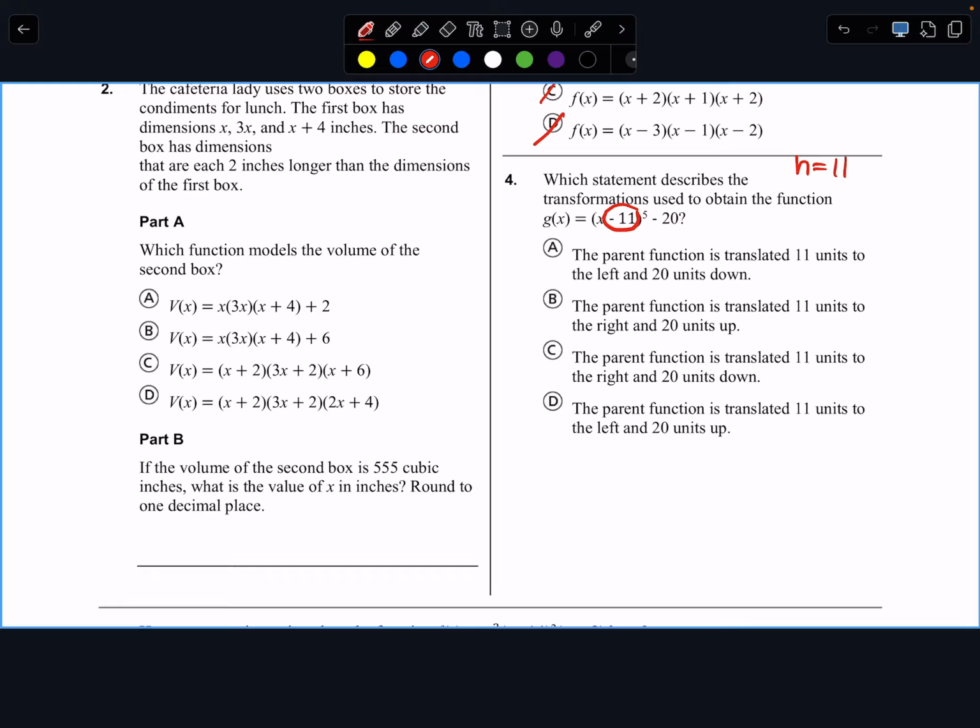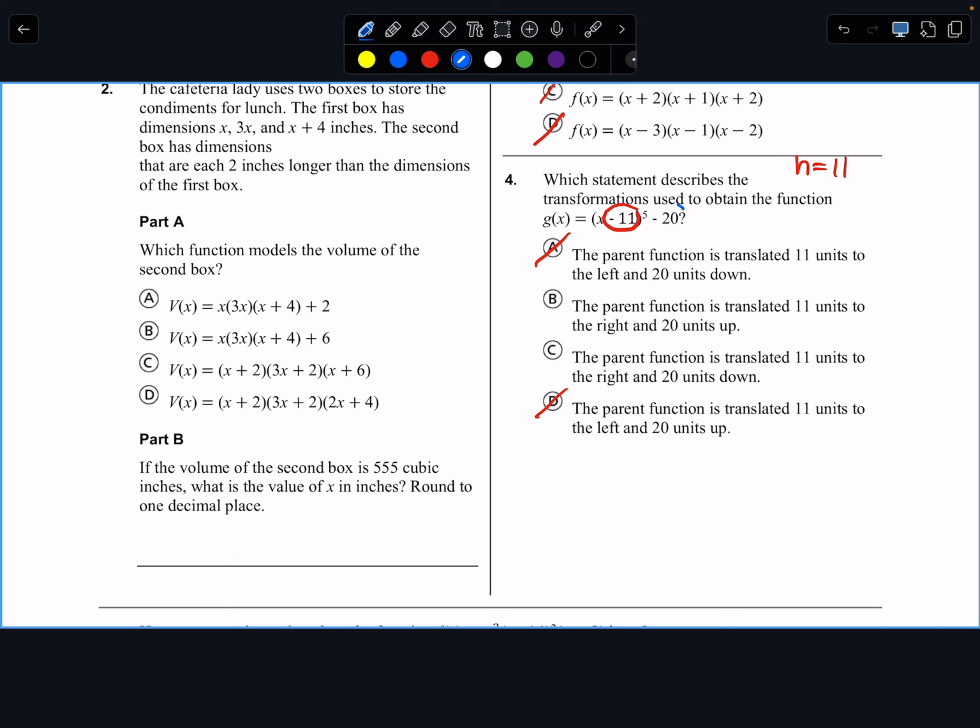When H is positive 11, what kind of transformation do we have? Horizontal translation right. So let's cross off the ones that aren't going towards the right. So A does not work for us, and neither does D. Now we have to look at the negative 20.